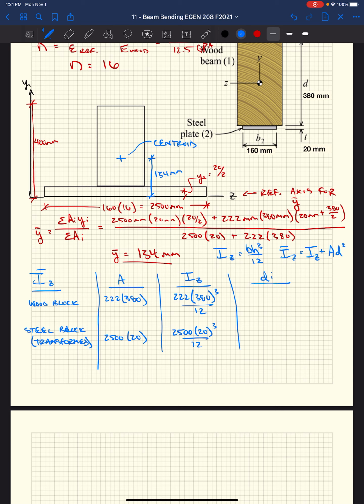The distance, that's the last piece of our parallel axis theorem, is the distance of our member or block to our new centroid.